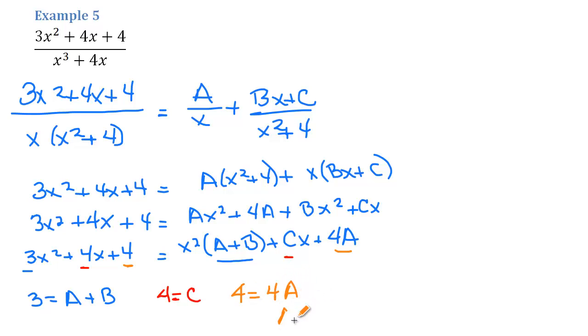So a is 1, and 3 is equal to 1 plus b, so b is 2. So rewriting our partial fractions, we will have 1 over x plus 2x plus 4 over x squared plus 4.